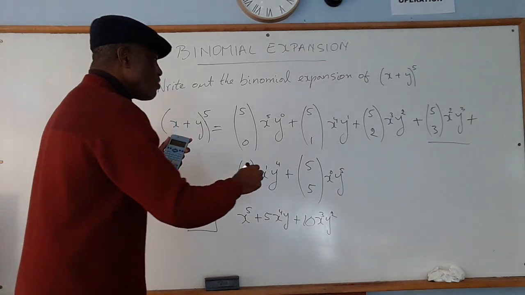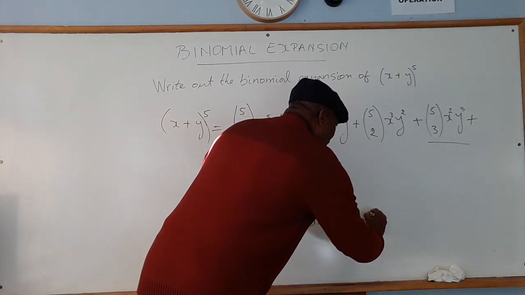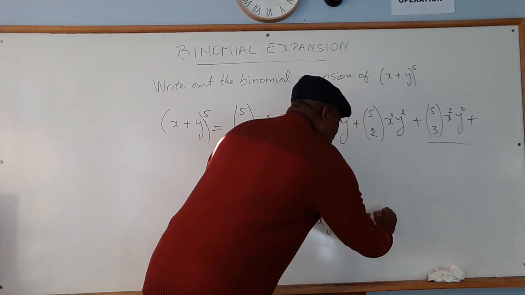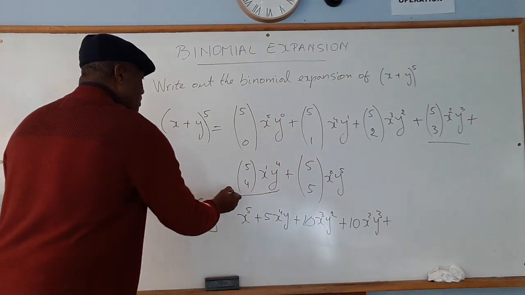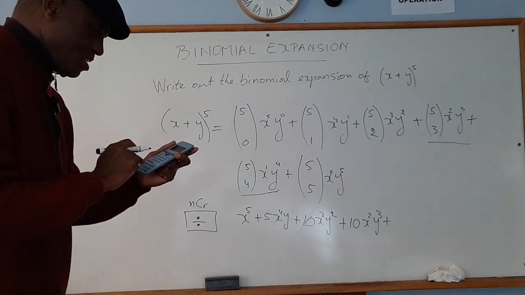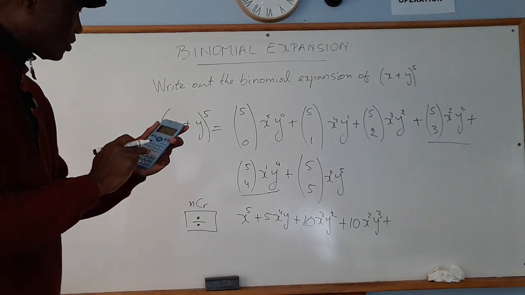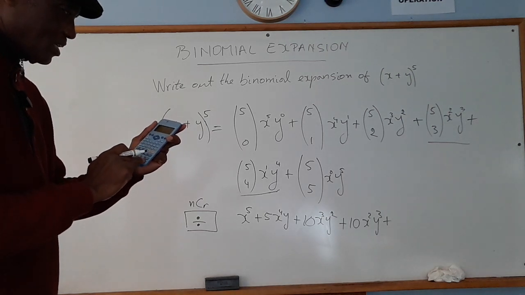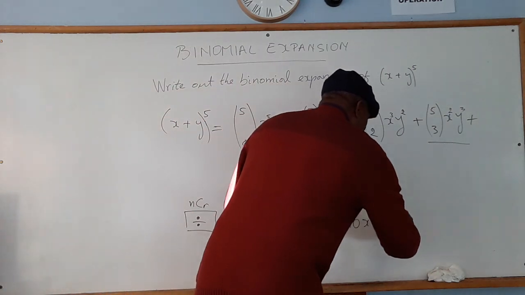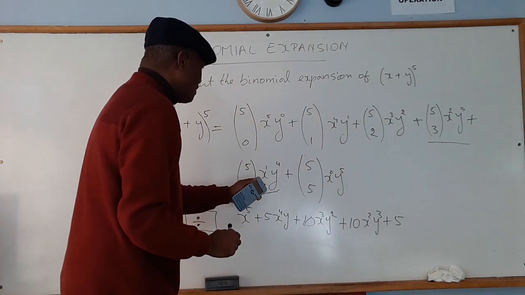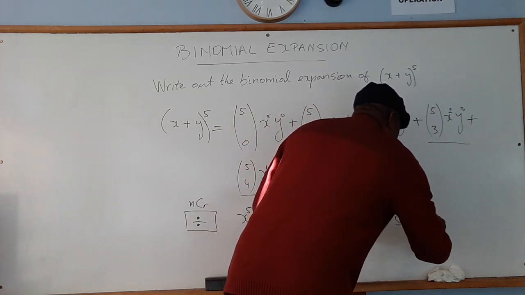So this will give me 10x squared y cubed. And then this term here. Again I press 5, shift, press the button, 4, and this will give me 5. The bracket here will give me 5. So 5xy to the power of 4.